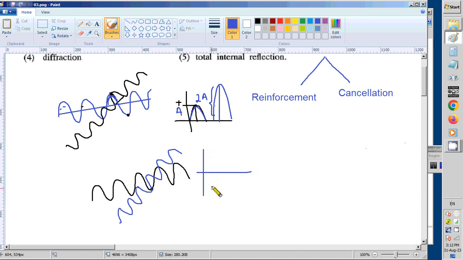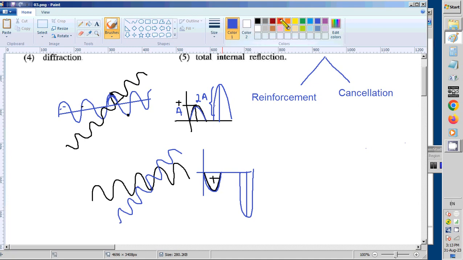If we plot it on a graph, the negative part of the blue wave and the negative part of the black wave go in the same direction, so we get a negative wave like this, two times the height.